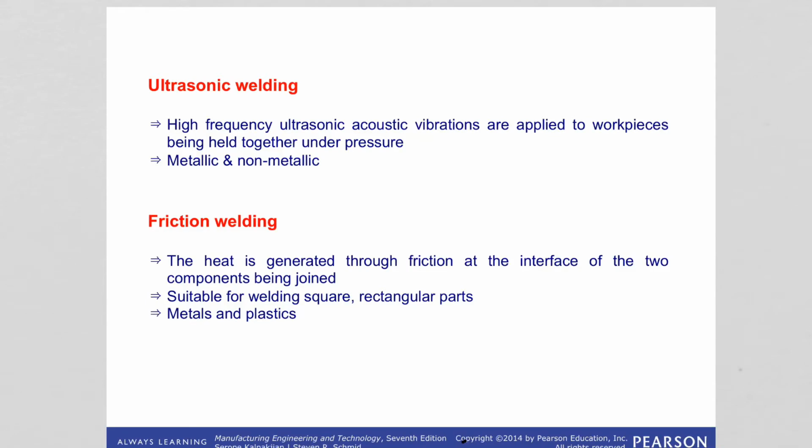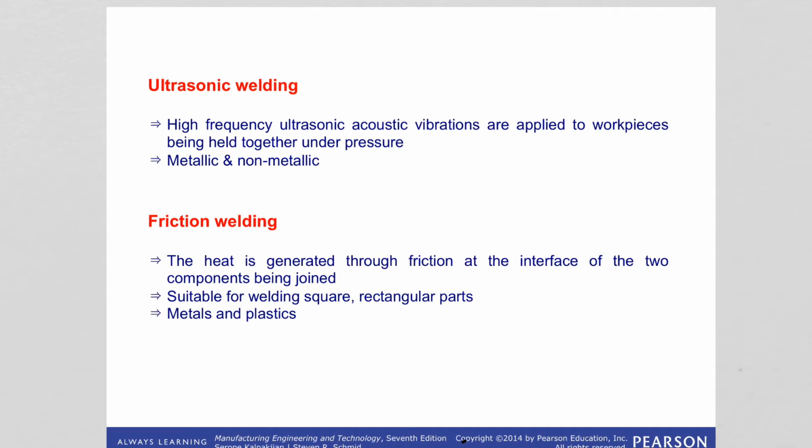In ultrasonic welding, two components are held together under clamping force and oscillatory shear stresses of ultrasonic frequency are applied to the interface to cause coalescence. Shearing stresses cause plastic deformation at the interface of the two components, breaking up oxide films and contaminants.